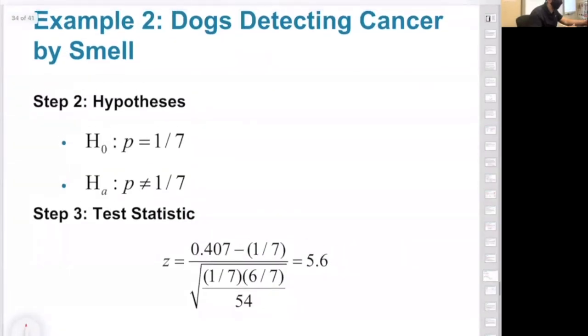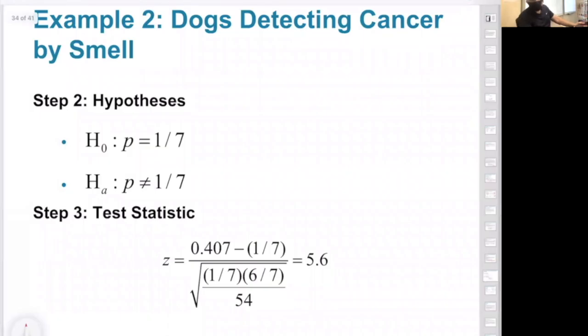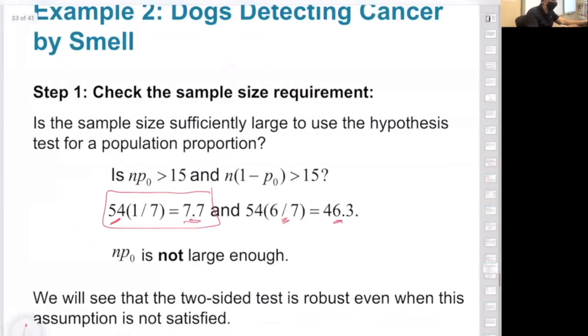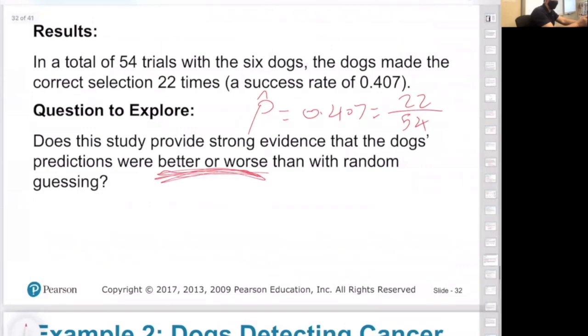So the hypothesis, as I said to you, the null hypothesis always has an equal sign. So the population proportion is equal to 1/7. Because the question said better or worse, here you have two directions, so the alternative will be not equal.